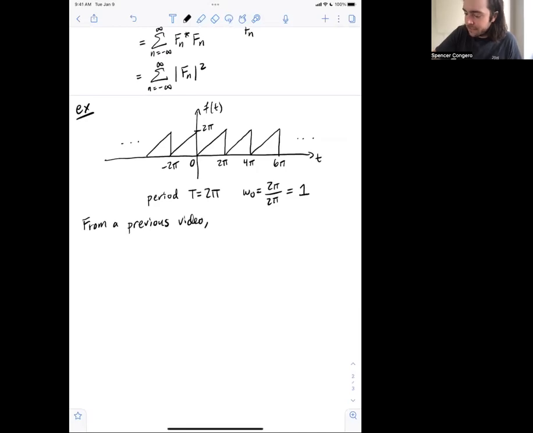Okay, so from a previous video, we found the Fourier series coefficients of a different function that I'll call g of t. It was also this sawtooth function, but it had height 1. I remember this from a previous video.